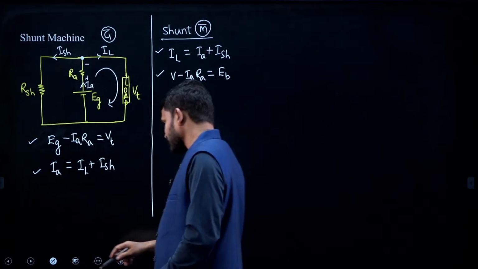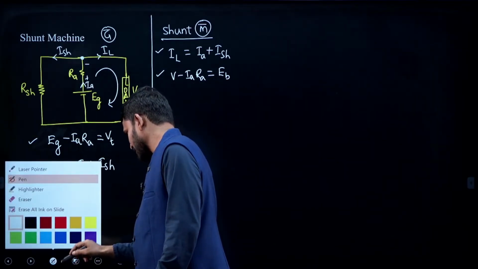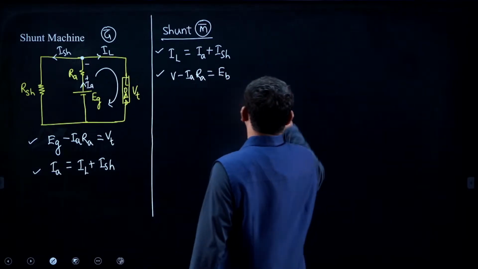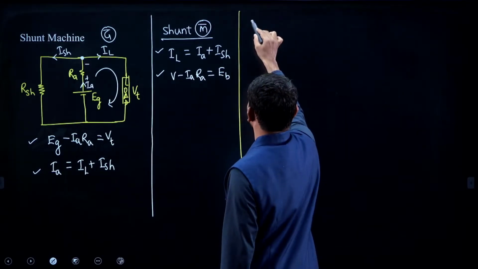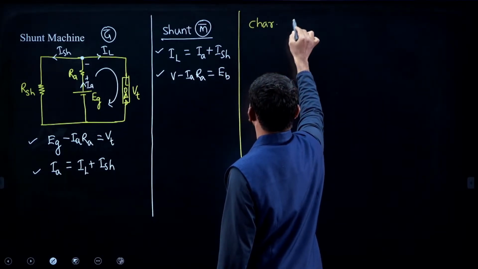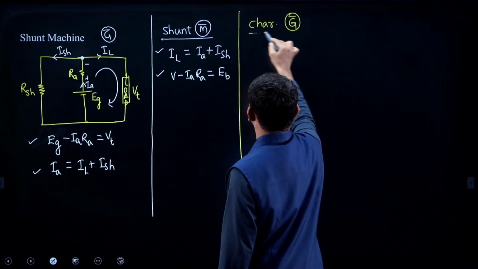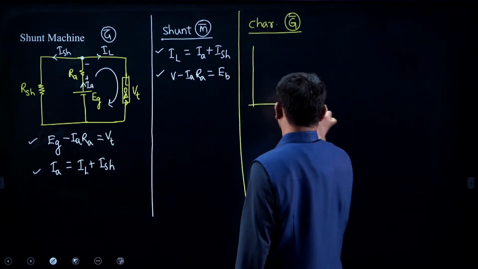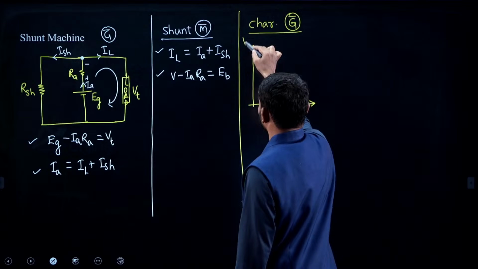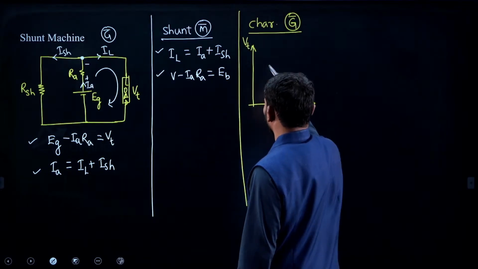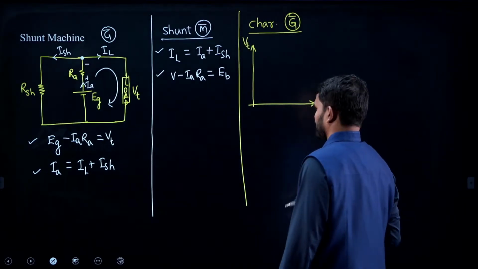If you look at the characteristics of shunt generators, generally the questions will be on external characteristics, that is load voltage or terminal voltage versus load current.